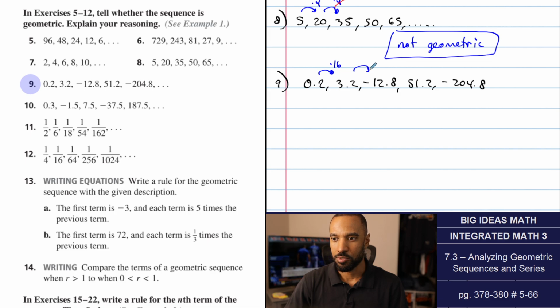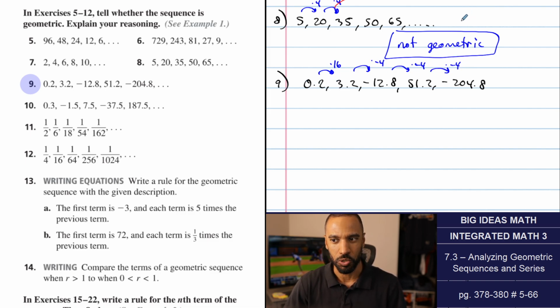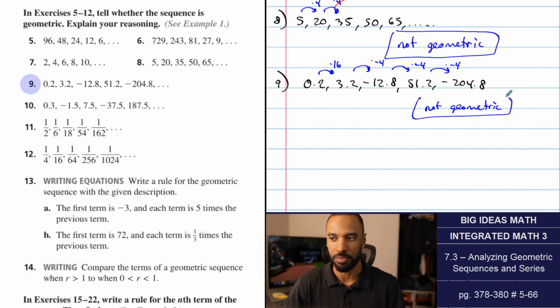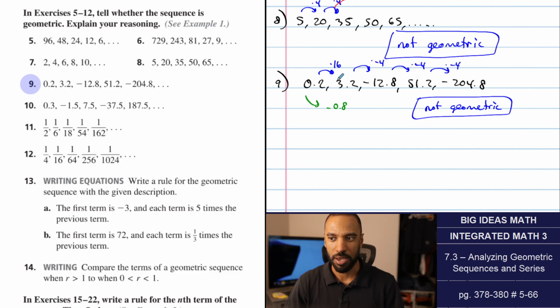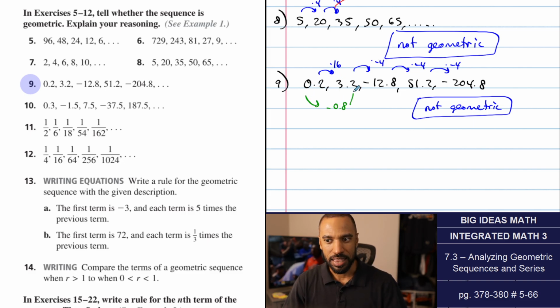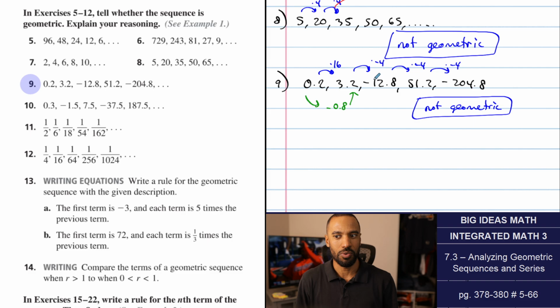And then it's times negative 4. This is kind of weird because I think they're just missing a term between these two. Anyway, it's not geometric. The interesting thing is it has a common ratio everywhere except for from the first to second term. If you had the term in between, which would have been negative 0.8, because if I multiplied everything by negative 4, negative 0.8, and then that times negative 4 gives you 3.2, and that would have worked out.